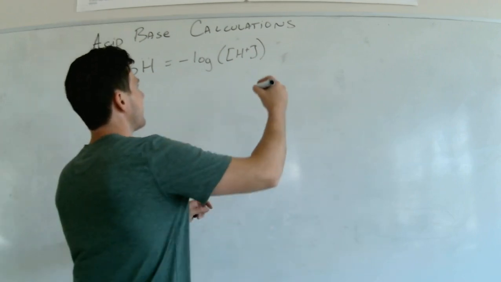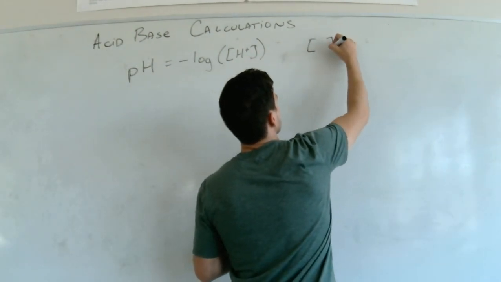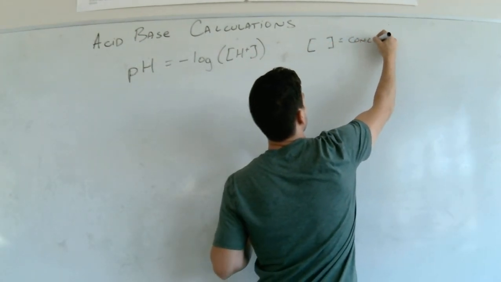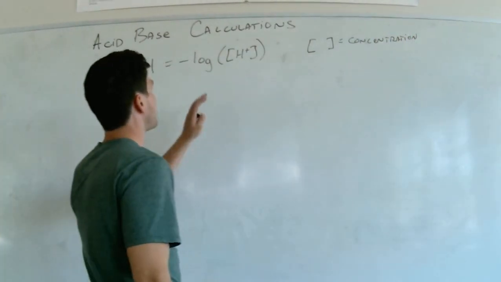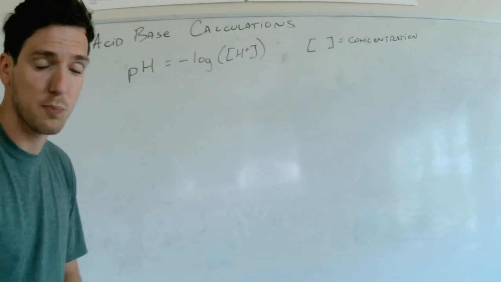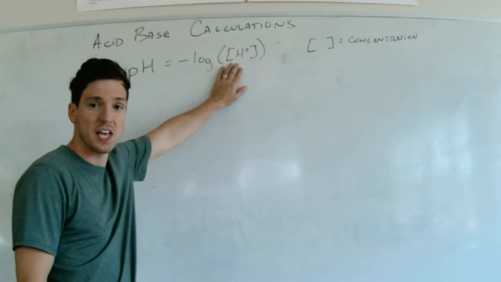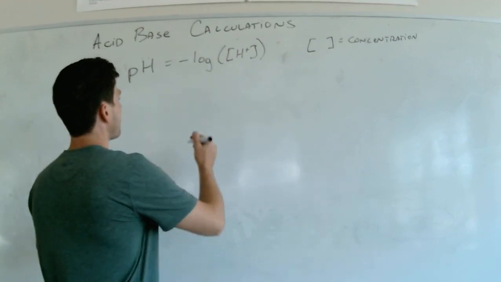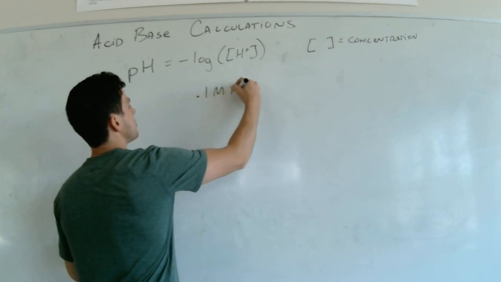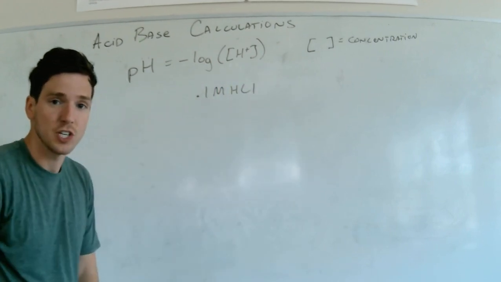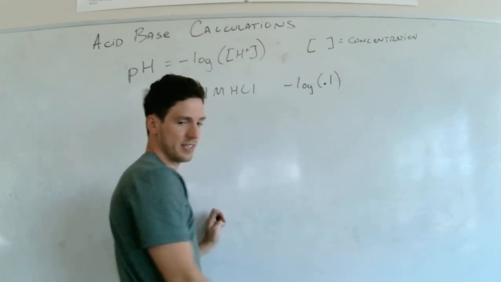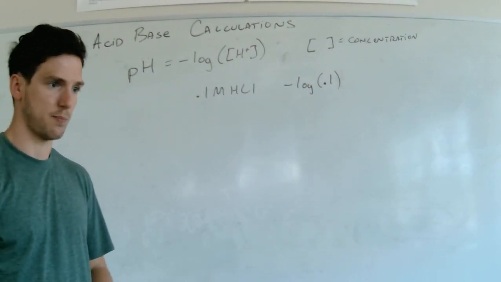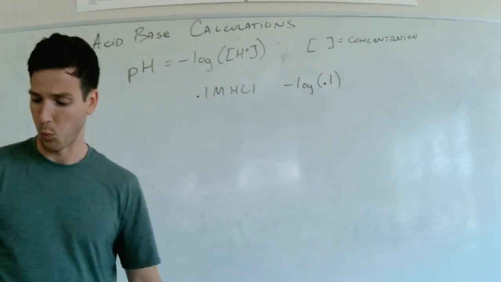Remember that anything in square brackets stands for concentration. So here I'm taking the negative log of the concentration of H plus, which is pretty much the concentration of the acid. So if I had 0.1 molar HCl and I wanted the pH, you would just take negative log of 0.1 to get the pH, which I'm pretty sure is 1.